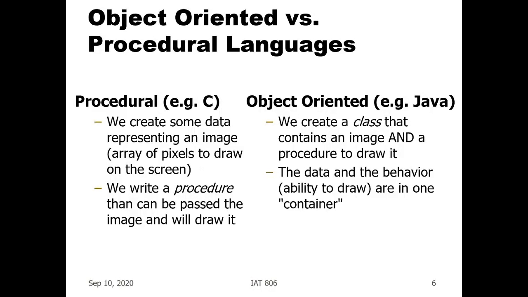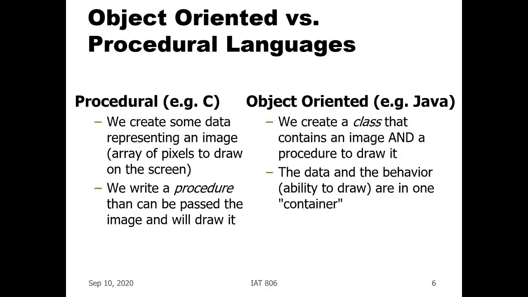So procedural programming languages, an example of which is C, what happens in those is you typically create some data, say representing an image, which would be an array of pixels or picture elements to draw on the screen. You would then write procedures that can be handed the information about what an image is and where it is located in memory.